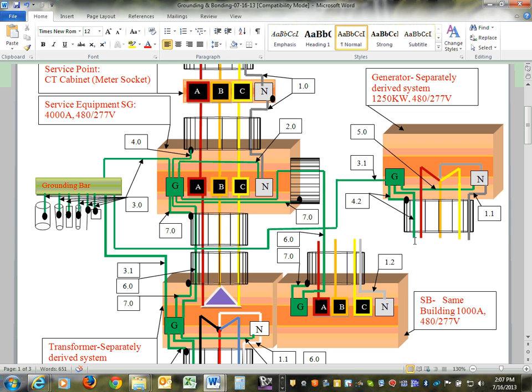If your circuit breaker is located on the generator, like a lot of them are, you have a circuit breaker disconnect on the generator, then that wire comes from the windings all the way to the frame of the generator. The wire that comes out of the generator enclosure all the way to the panel, that's called the grounded conductor. I can't emphasize that enough. 4.2 is actually the wire coming to wherever the enclosure of the circuit breaker is located.